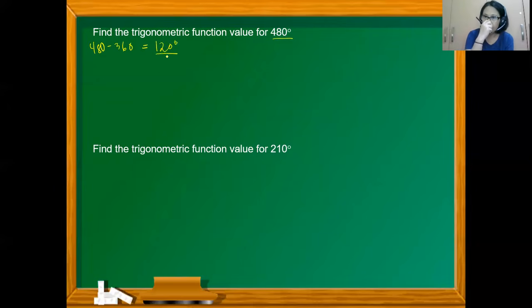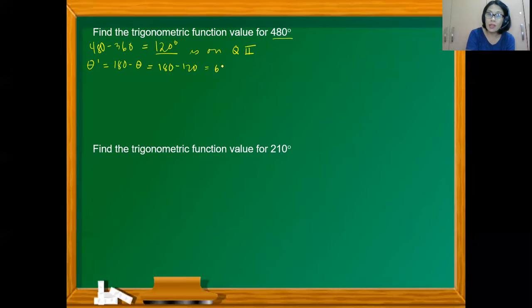So for an angle theta equals 120, we're going to work on its reference angle, and this is on quadrant 2. So the reference angle when the terminal side of an angle is on quadrant 2 is equal to 180 less theta. So this is equal to 180 less 120.